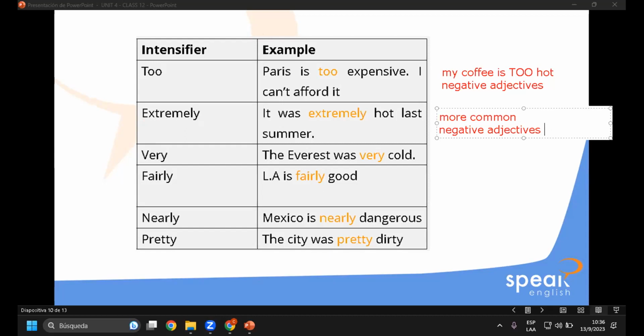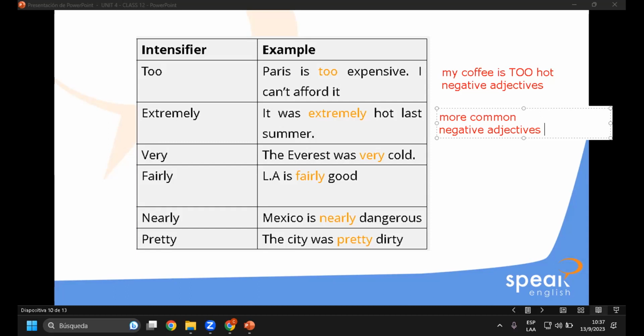What do you think? Any idea? My city is extremely dark at night, for example.